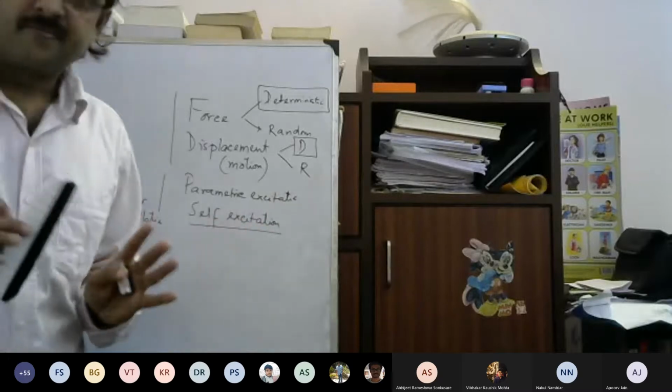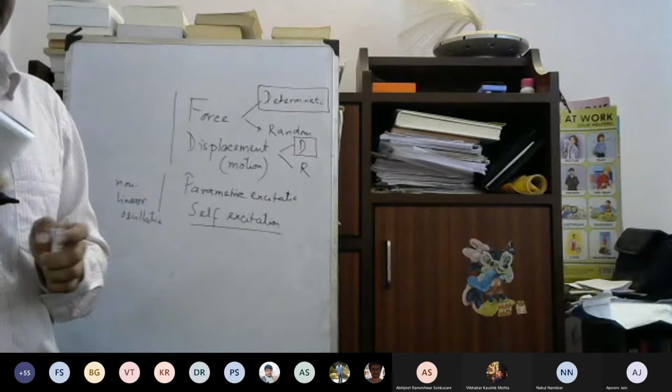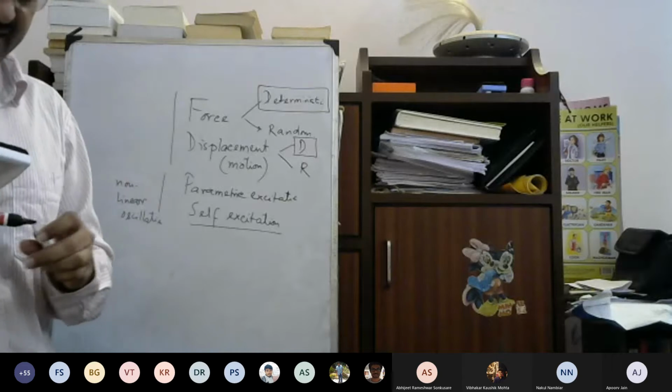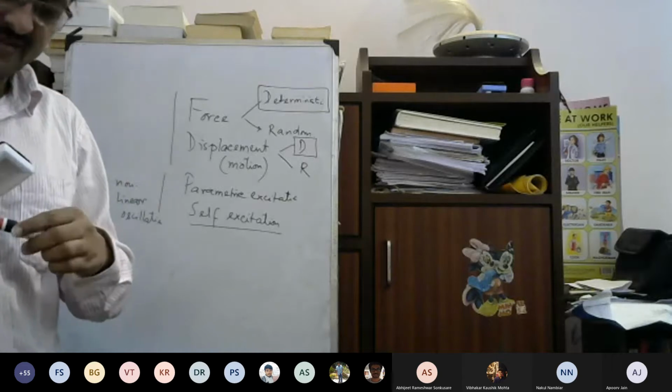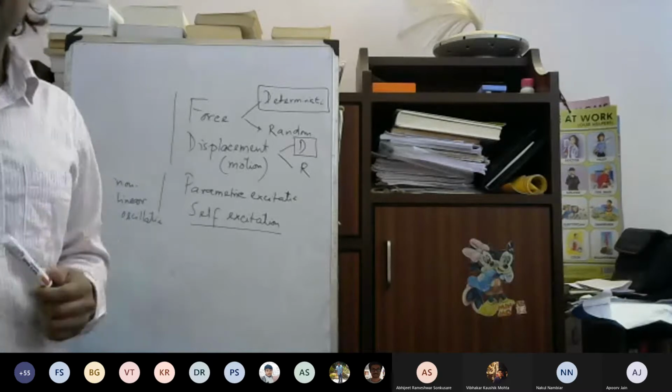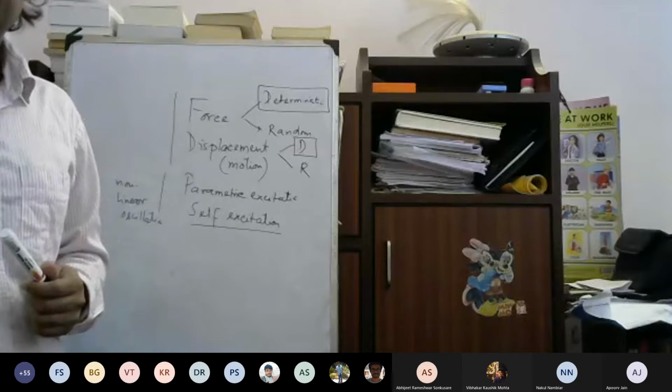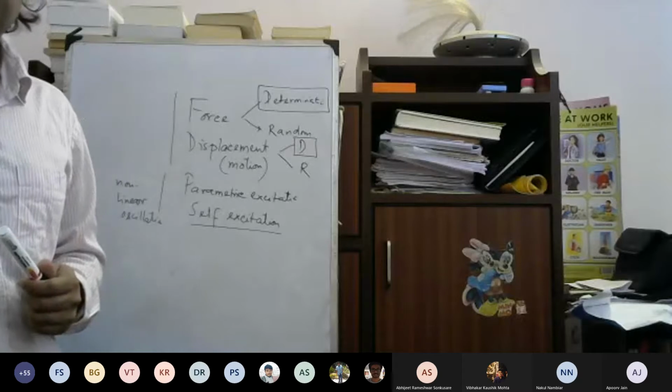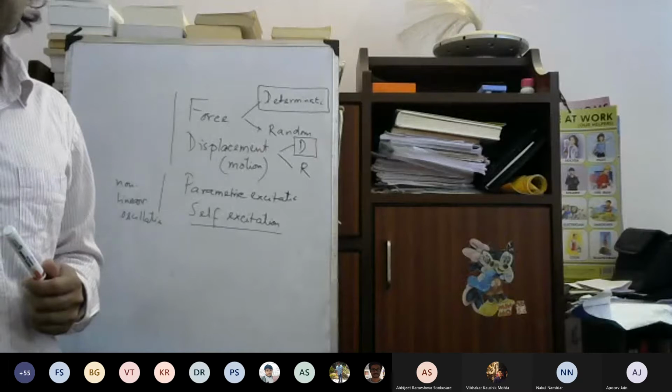Is this clear? Clear the way we classified the excitation, classified the system, etc. Any doubt? Excuse me, sir.